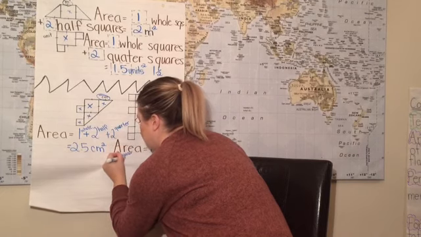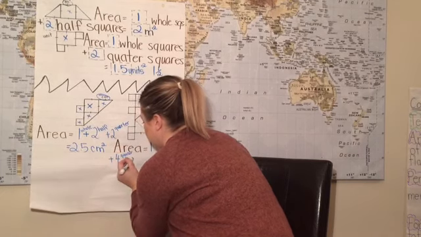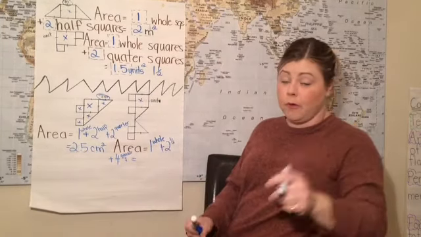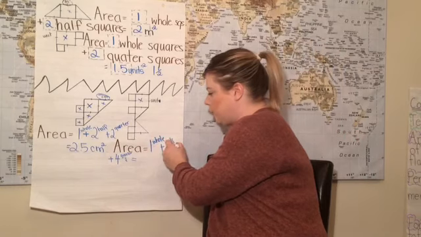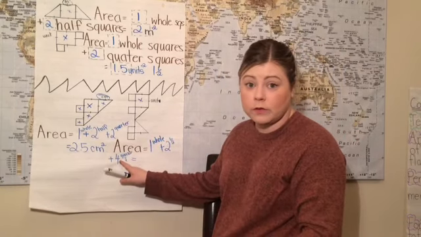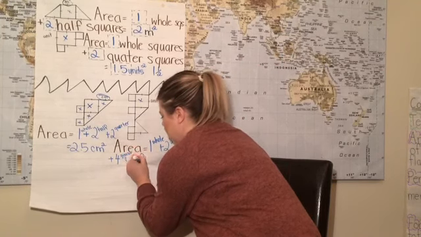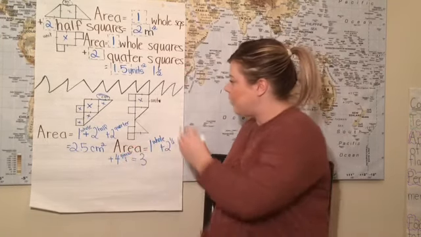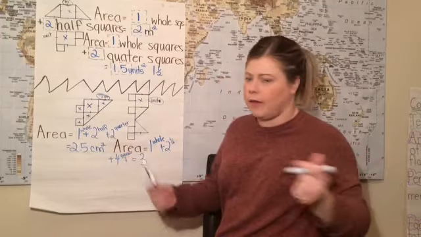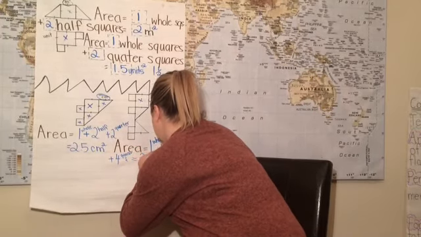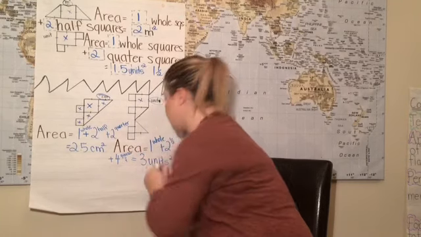Or, if it helps you, write the word quarter, is equal to 1 plus 2 halves. 2 halves make a whole, so I have 1, 2, and 4 quarters makes 1. So I have 3. Now again, I have to look for my unit. My unit just says unit. 3 units squared.